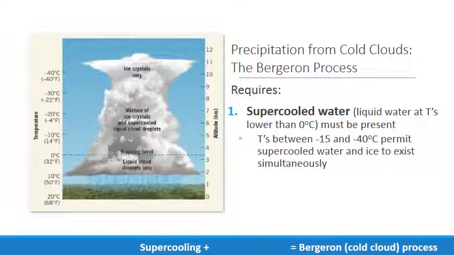Contrary to what you might expect, cloud droplets do not usually freeze at 0 degrees C. Because this process occurs high in the atmosphere, where atmospheric pressure is much lower than it is at the surface, and because water droplets in clouds are completely suspended in the air, water doesn't freeze until it reaches a temperature much lower than 0 degrees, about minus 40 degrees.